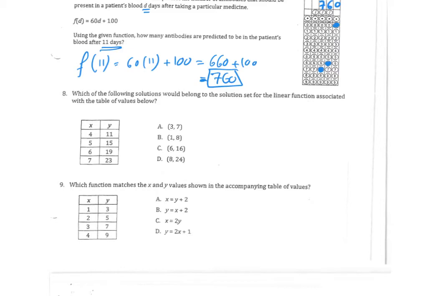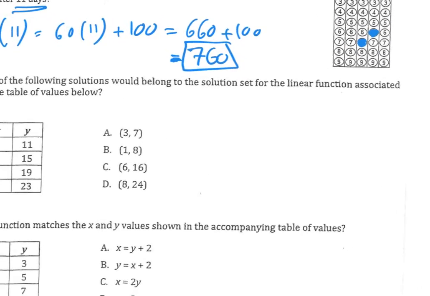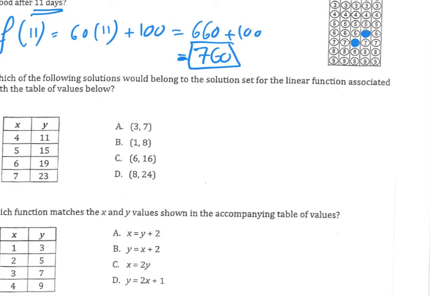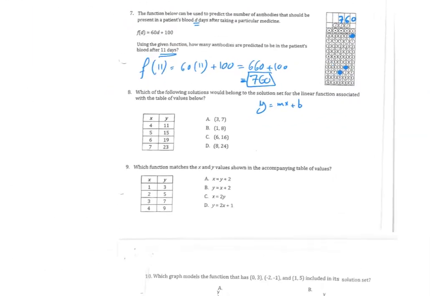So I need to find the equation of the line. In slope-intercept form, y equals mx plus b, I need to find the slope, which is m, and the y-intercept.